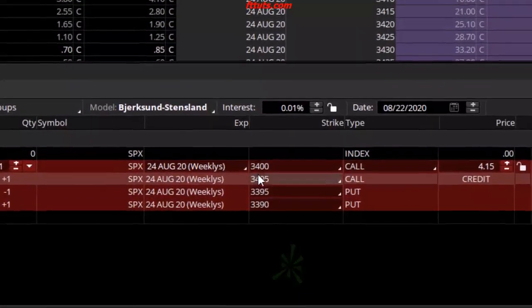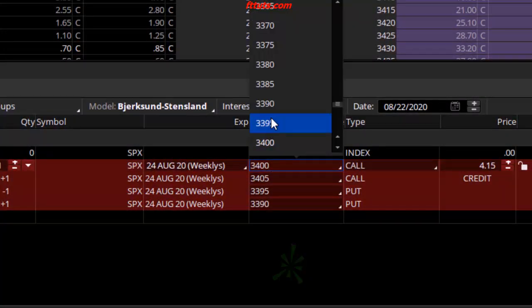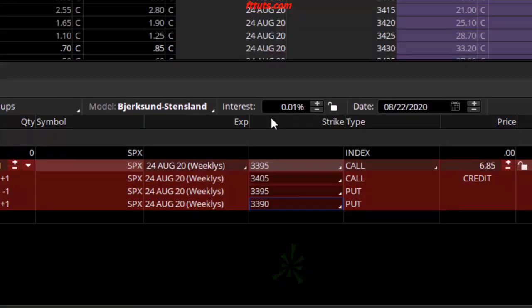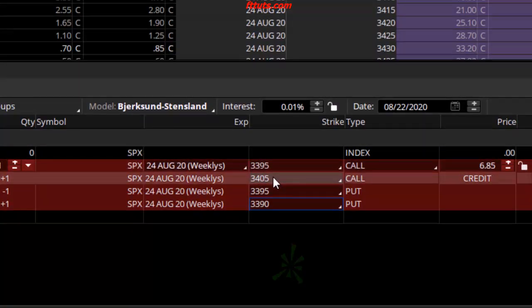The first thing I have to do is make sure that the center strikes match at $33.95. And the next thing that we need to do is to determine the width of the butterfly, which we'll get into in subsequent videos. But for this example, let's just make this butterfly 30 points wide.